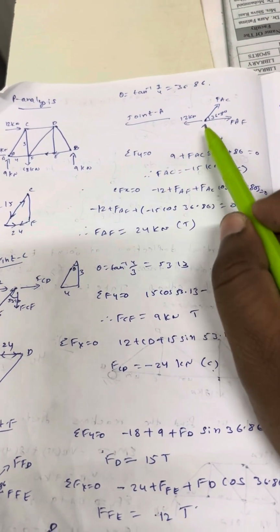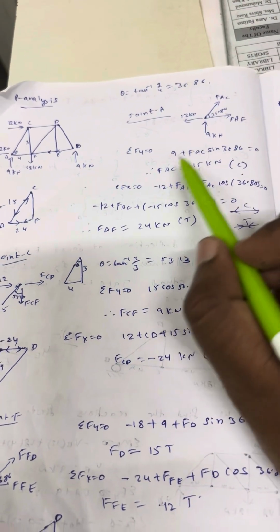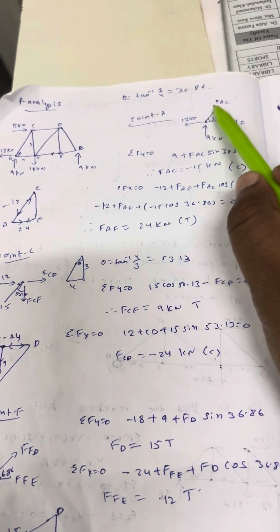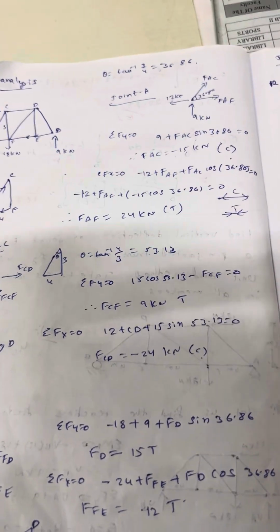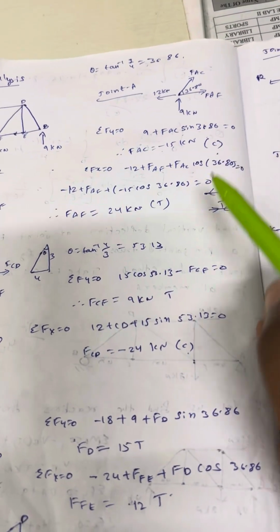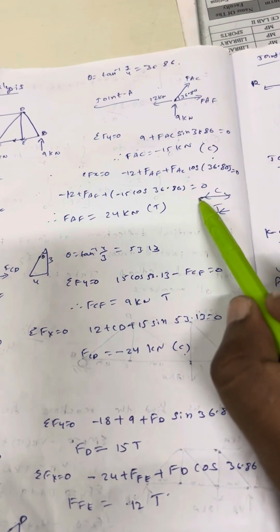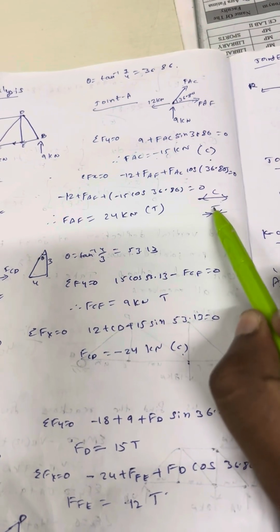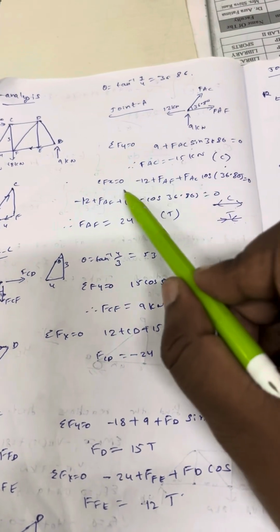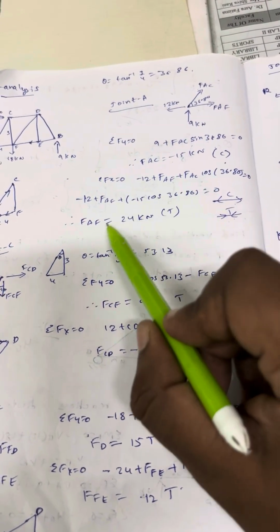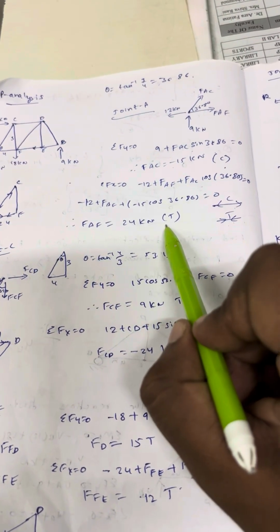Now apply sigma Fy equal to 0 and sigma Fx equal to 0. Here we have taken outside. Okay, we got minus here, therefore compression. So sign convention: compression means we need to show it in this way, tension means we need to show it in this way, inside. Now after applying sigma Fx equal to 0, I got plus 24 for tension.